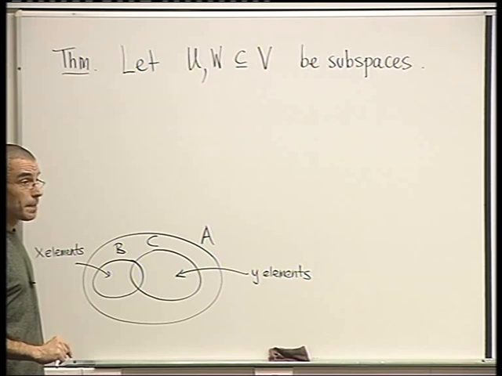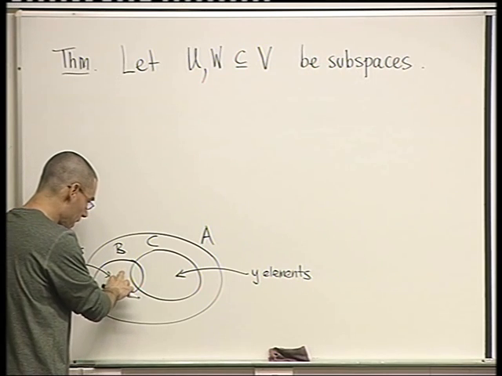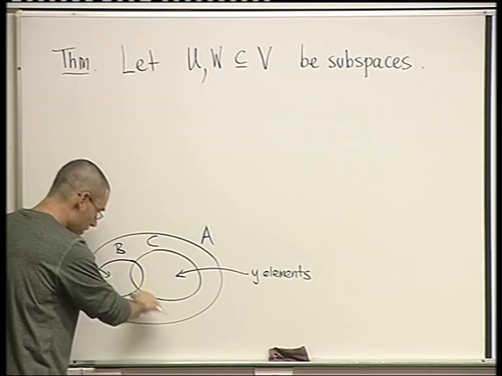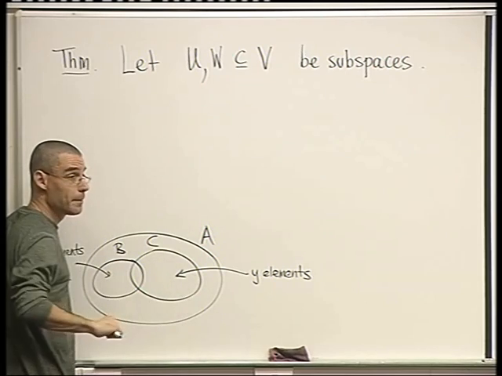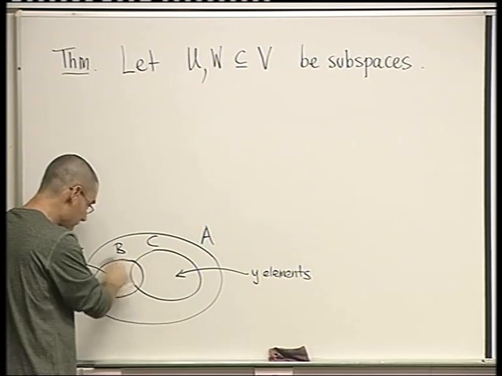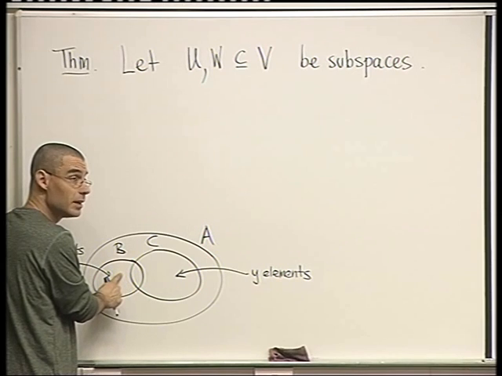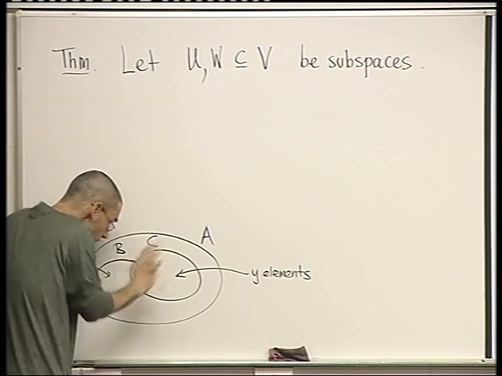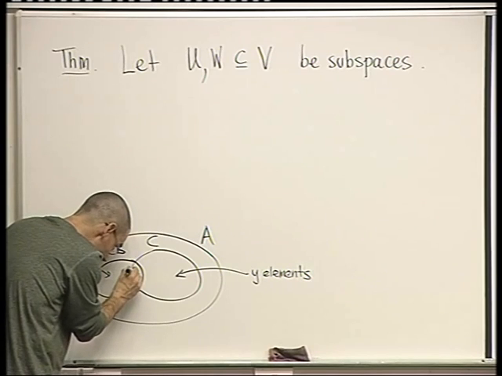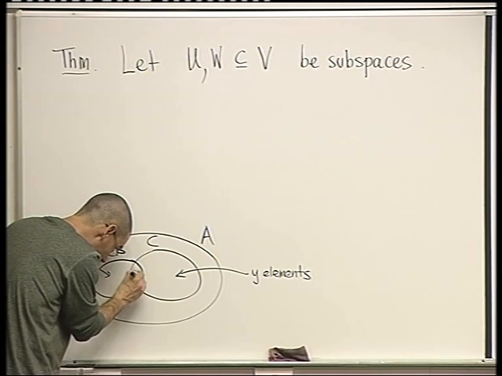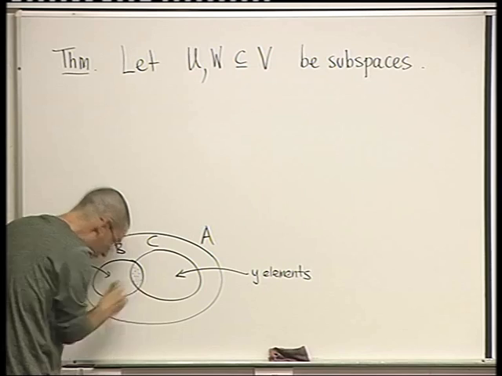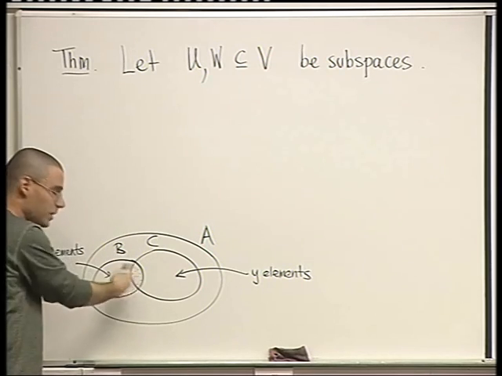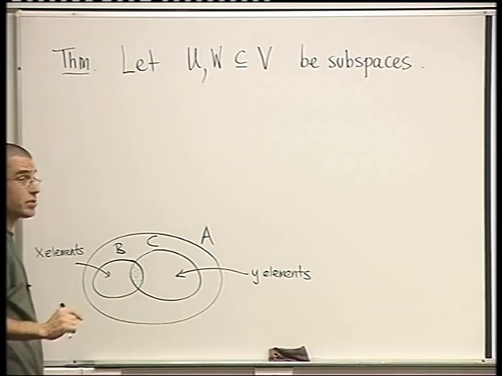I'm asking how many elements are in the union, in this entire figure 8 here. So there are the X elements of B. There are some elements that belong to both, here's one, here's another, here's a third one. That's what this drawing indicates, that there is an intersection.